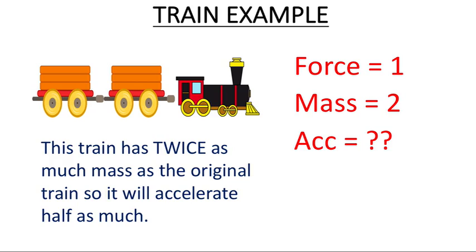This train has twice as much mass as the original train. So, based on what we've learned today, we expect it to accelerate half as much. 12 divided by 2 equals 6. Notice that with mass, we divide to get our new value.